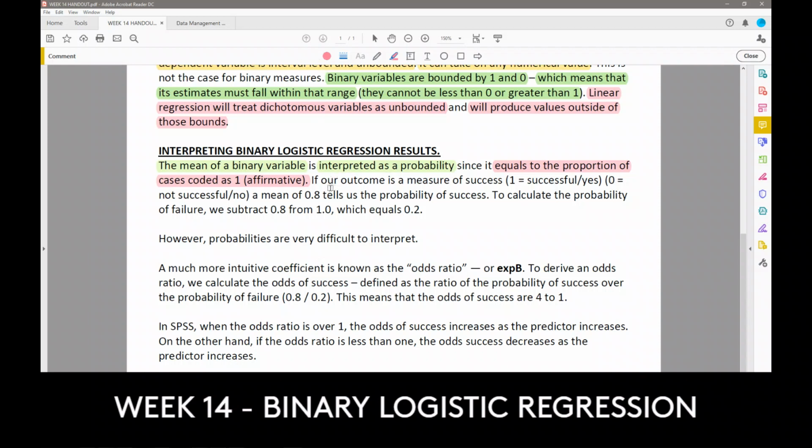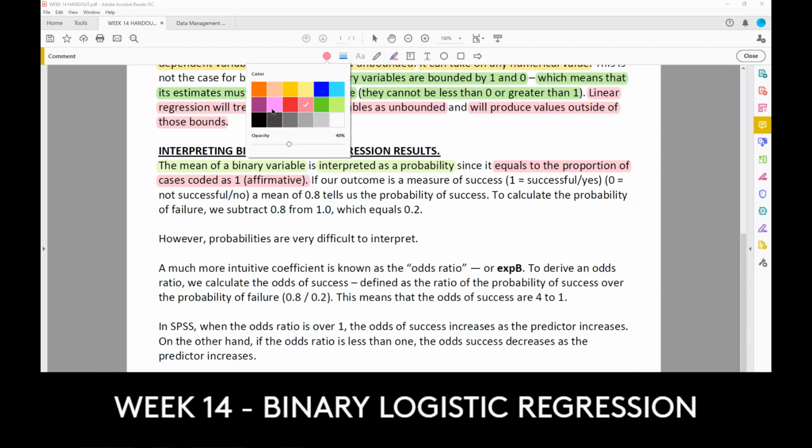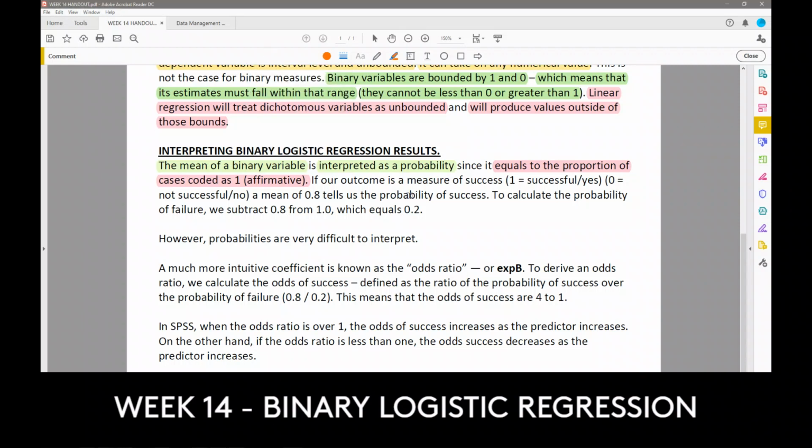So let's say we have an outcome variable that is measuring success, and success can be yes, I was successful, coded as 1, or no, I was not successful, coded as 0.